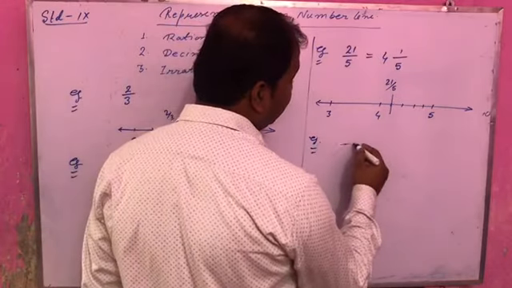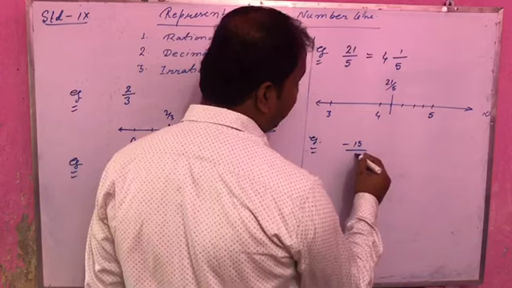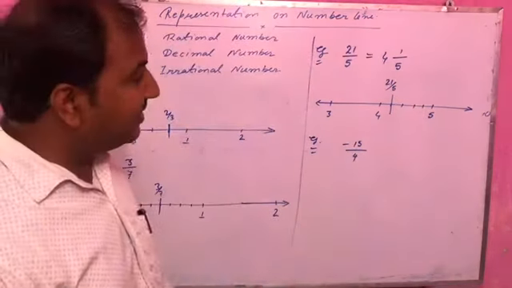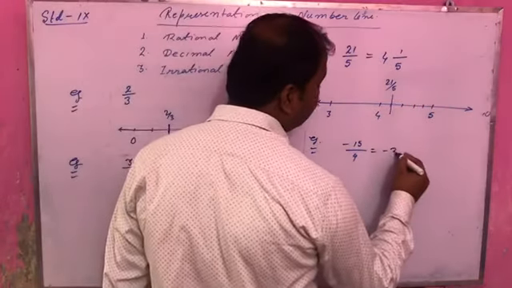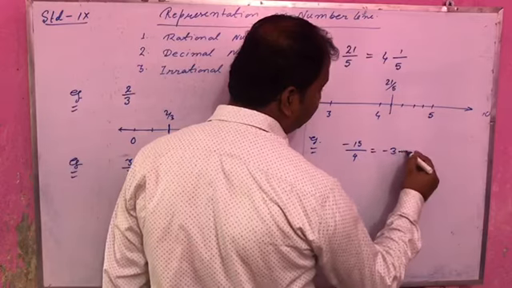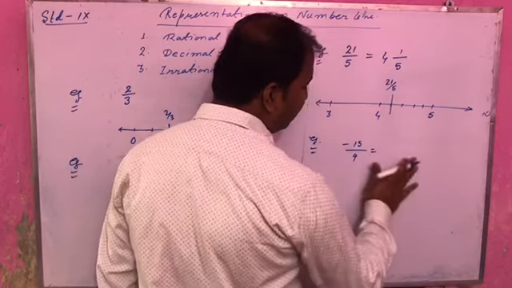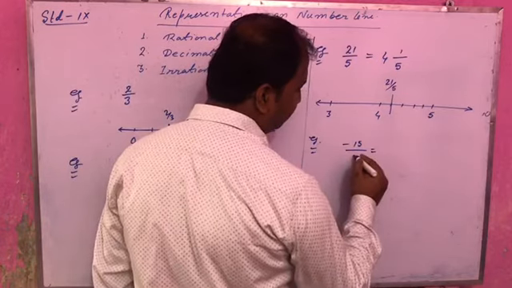Done. Take some more examples. Suppose your question is minus 15 by 7. Again we will convert it into a mixed fraction.